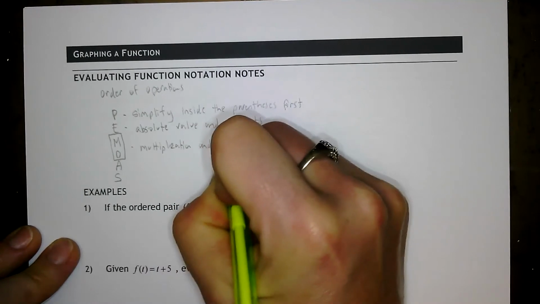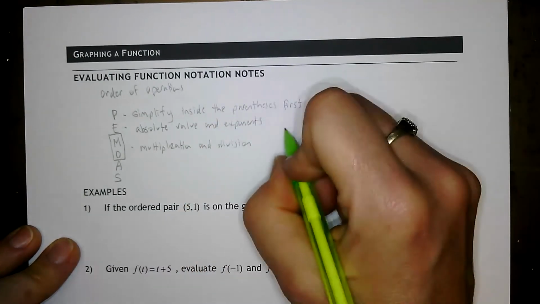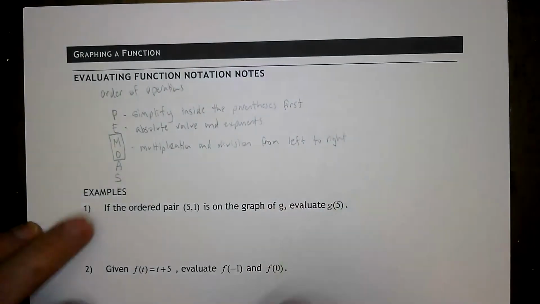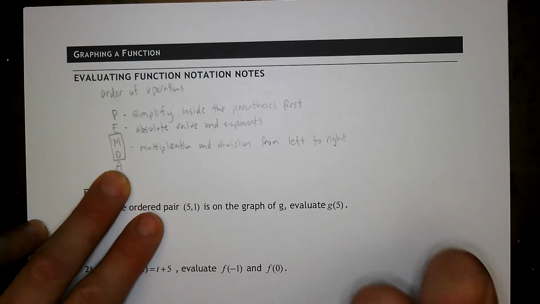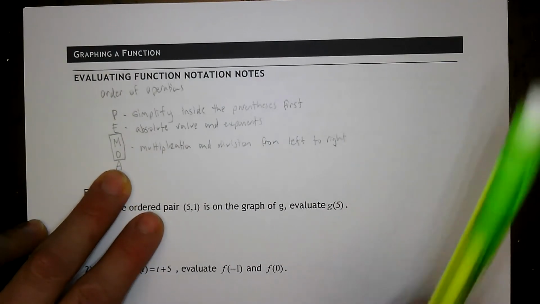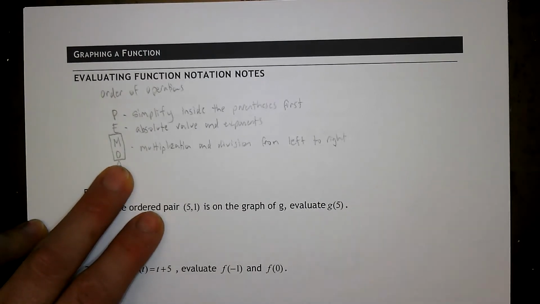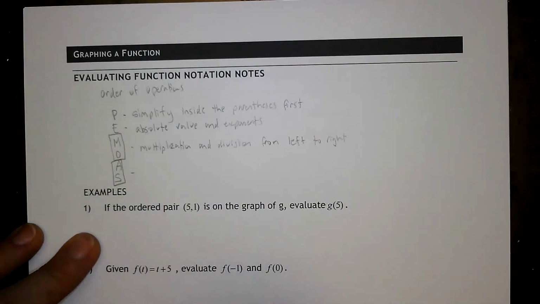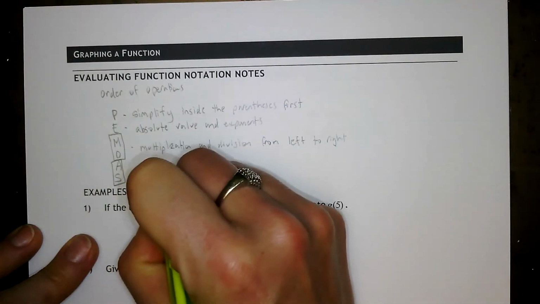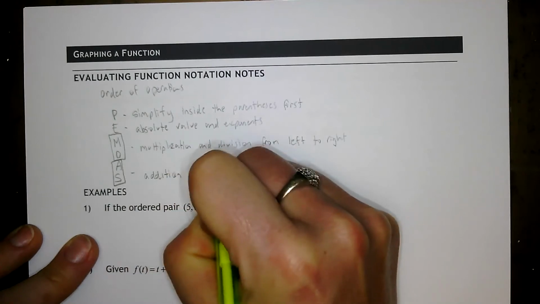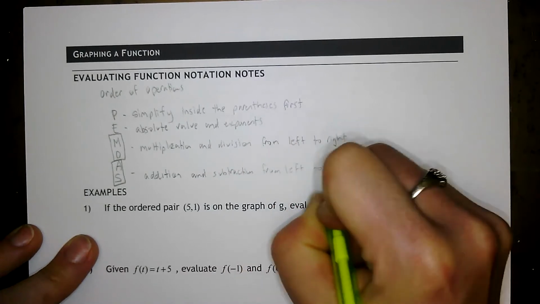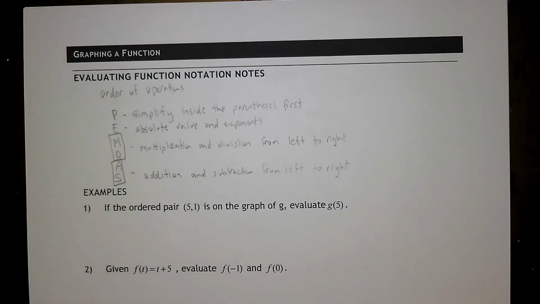Again, that doesn't mean you always multiply first. If you read it from left to right and you have a division operation, you do that first. So it's multiplication and division in order from left to right. And the same is true about addition and subtraction, from left to right. All right, so let's get to the examples.